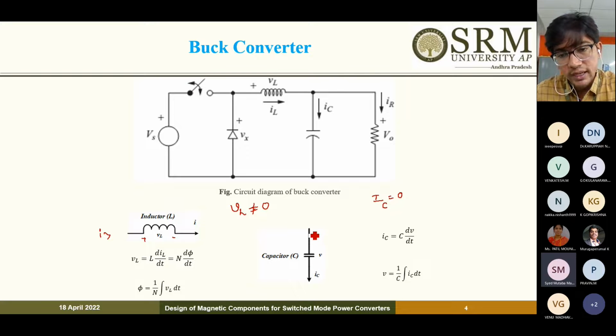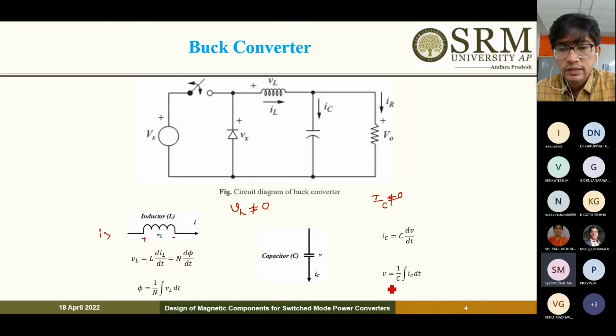When the current IC is flowing through this capacitor, the relation is IC equals C dV by dt. From this, the voltage is V equals 1 by C integral of IC dt. Now if the average current flowing through the capacitor is not equal to 0, it keeps on integrating.